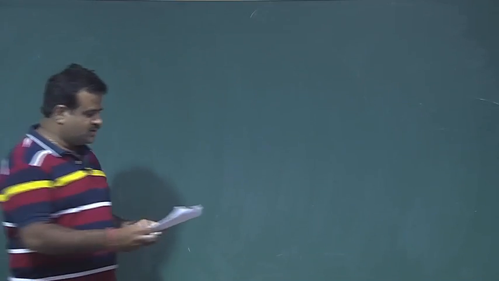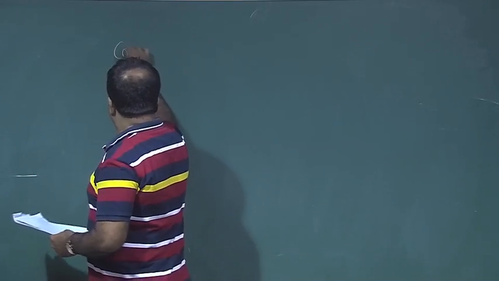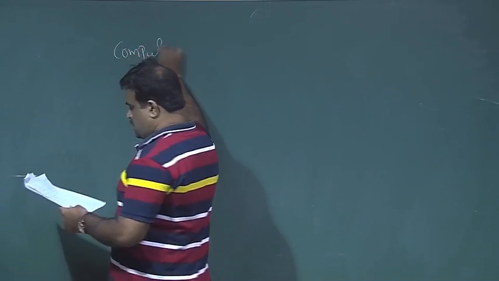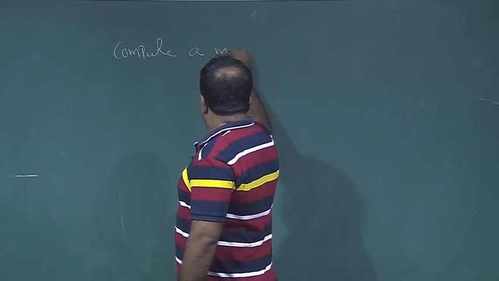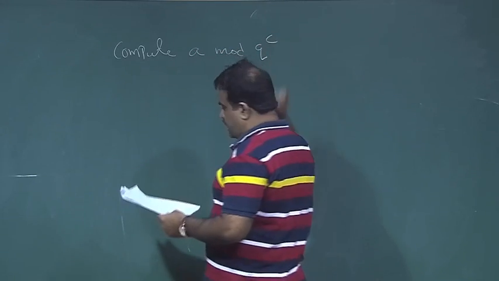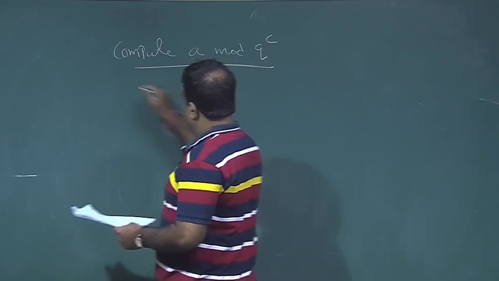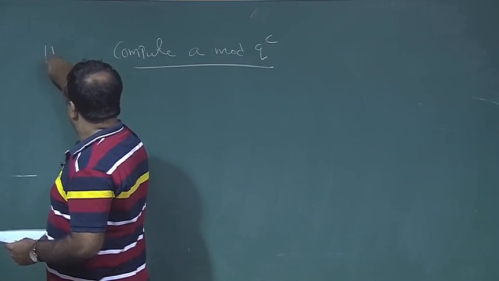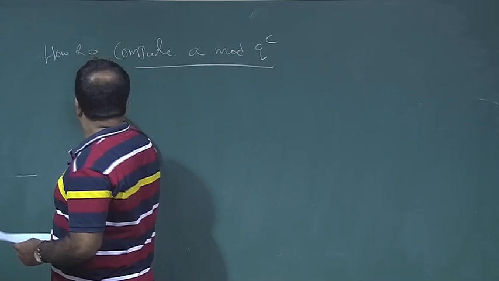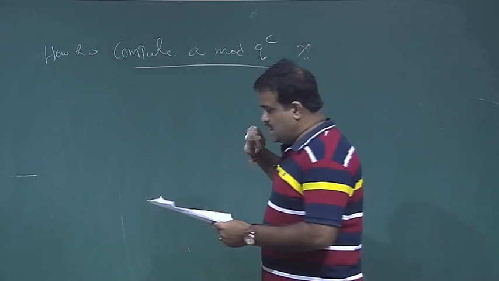How to compute a mod, say, q to the power c, where q is a prime?